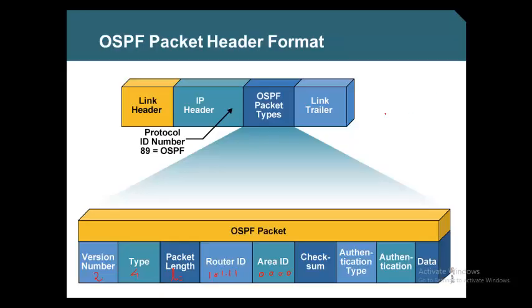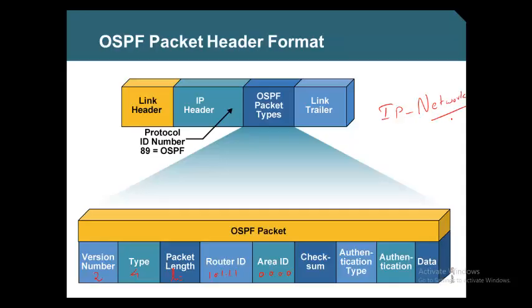OSPF works in which layer? Yeah, network layer, IP layer. So there is need for some guaranteed delivery, some assurance that the packet has not been altered. That's why the checksum is always sent.